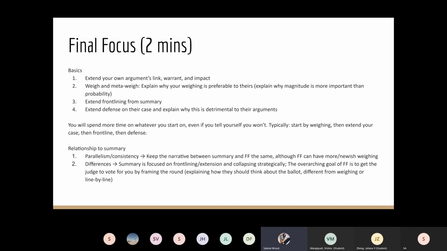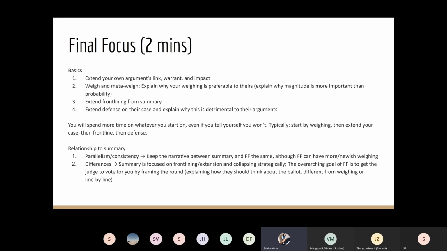And that's one of the differences, is that final focus should definitely have a lot more weighing than summary does. Summary is going to be primarily focused on explaining and really crystallizing whatever arguments you've brought up prior to, like in your case. But the overall goal in final focus is to get the judge to vote for you by framing the round and explaining how they should think about their ballot and how they should perceive all of the different arguments and why all of them matter.